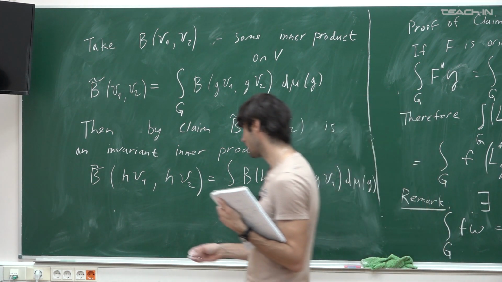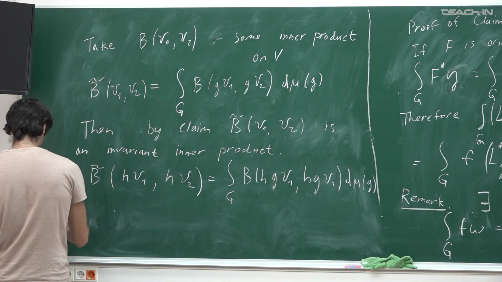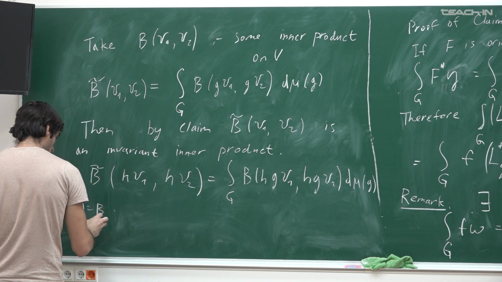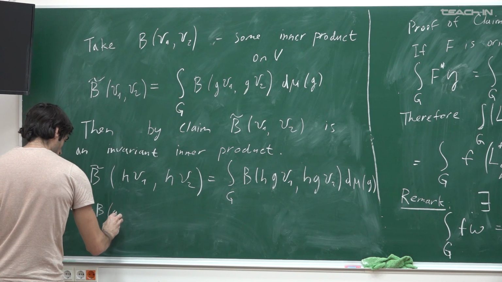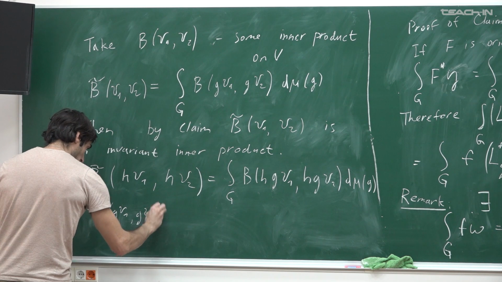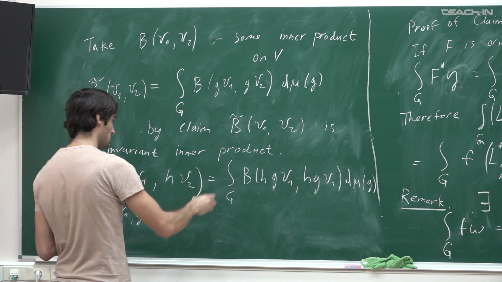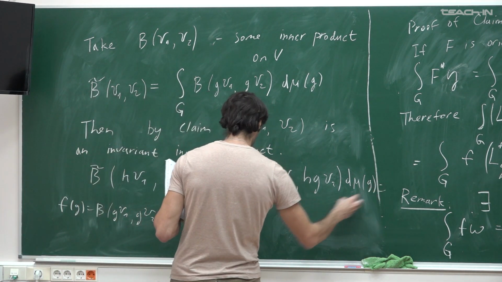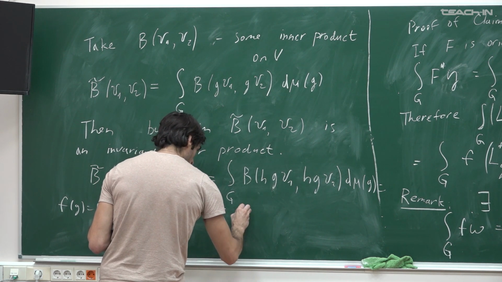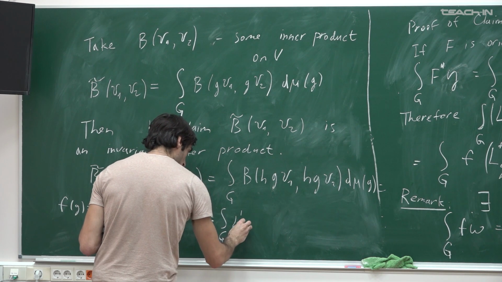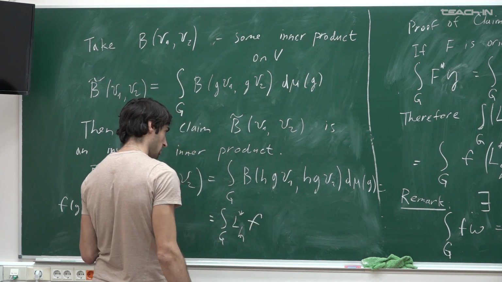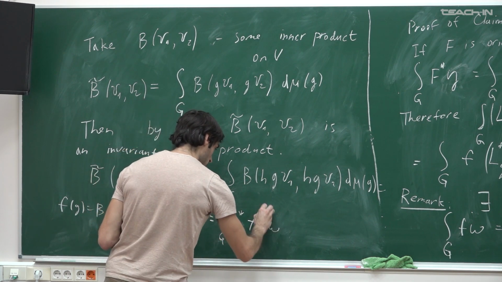So if I have a function f of g, which is B(g v1, g v2), where I fix my v1 and v2, then what's written here is just the integral over G of L_h star applied to f omega.